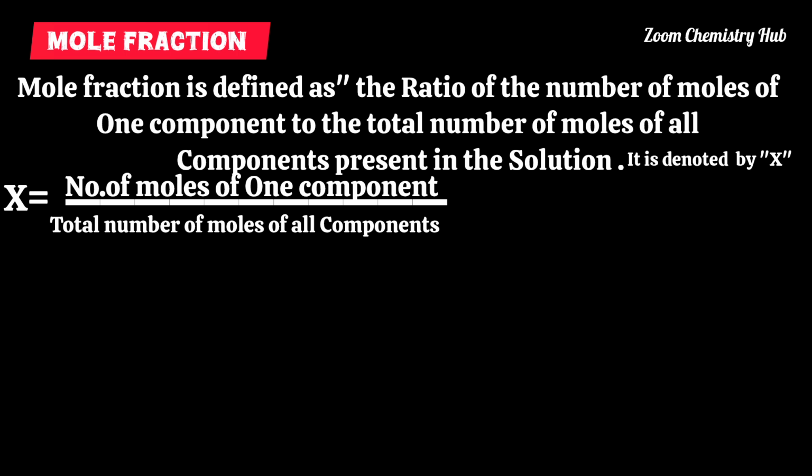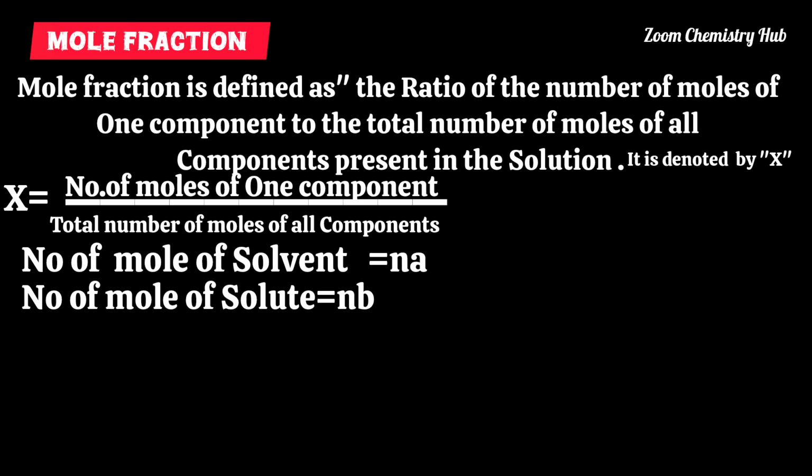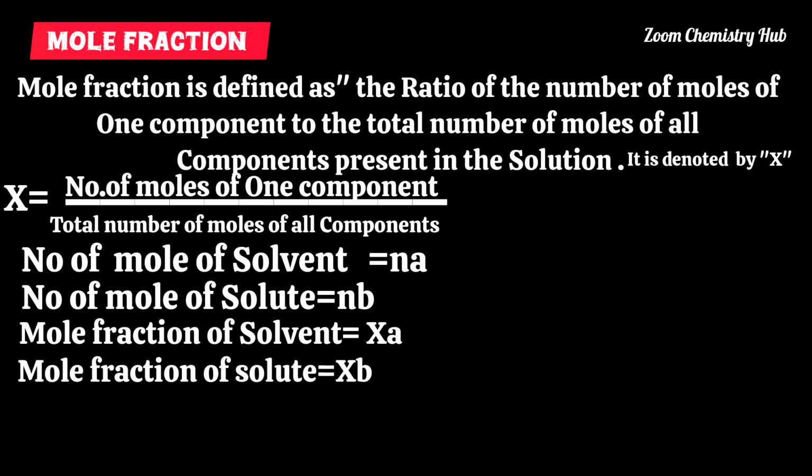Mole fraction is denoted by capital X. For example, if we have Na as the number of moles of the solvent and Nb as the number of moles of the solute, and similarly Xa is the mole fraction of the solvent and Xb is the mole fraction of the solute.